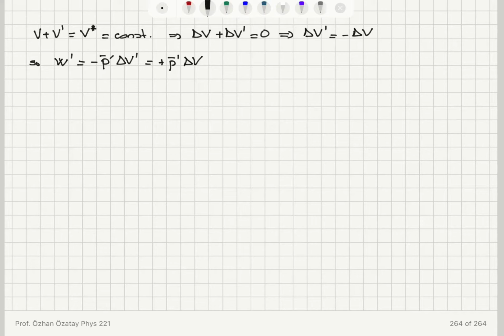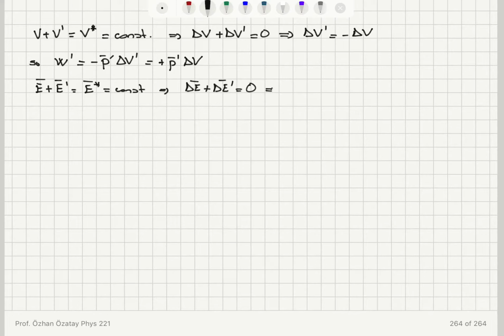And at the same time, because E plus E prime is equal to E star, that's a constant, we can also write delta E bar plus delta E prime bar is equal to 0.